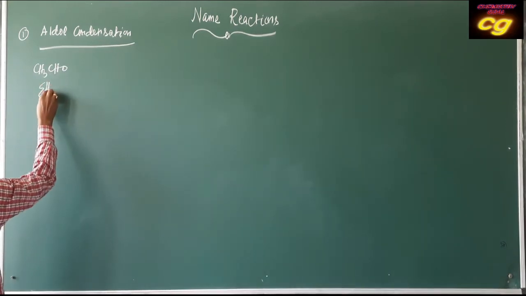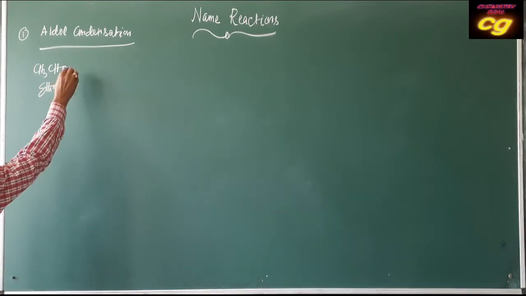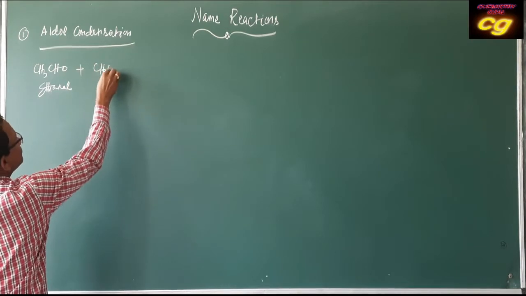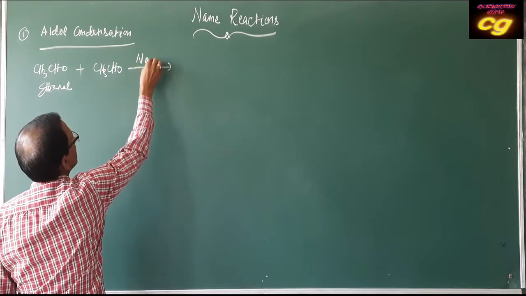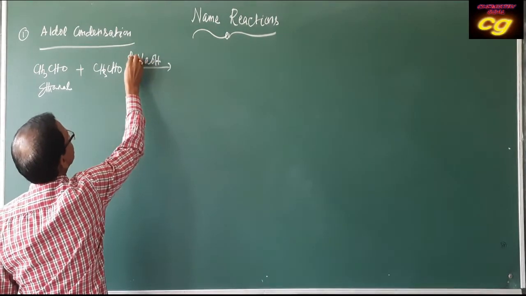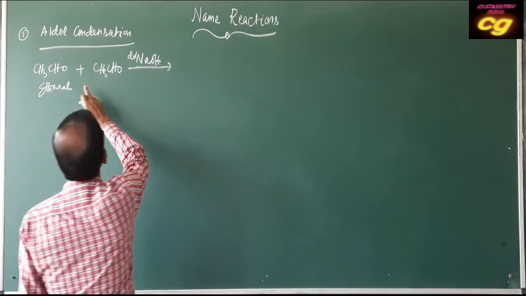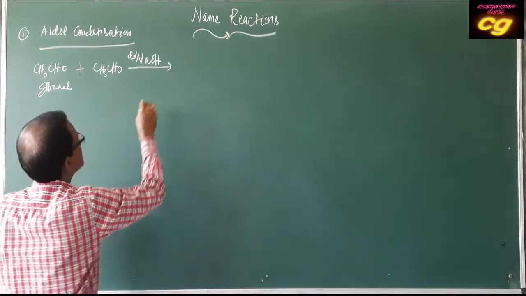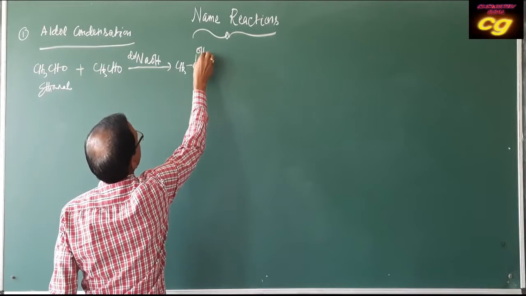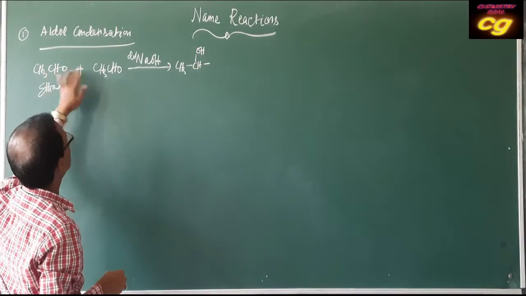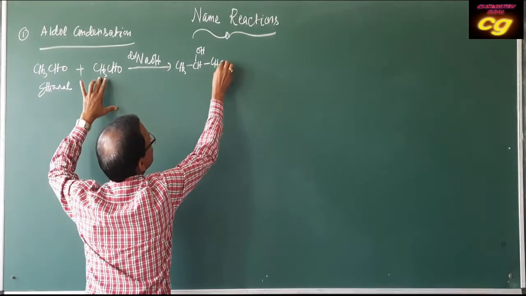When it reacts with another acetaldehyde in presence of dilute NaOH, two molecules combine and condense, producing CH3 CHOH, where CHO becomes CHOH, and that H is obtained from the second one, so the remaining is CH2 CHO.